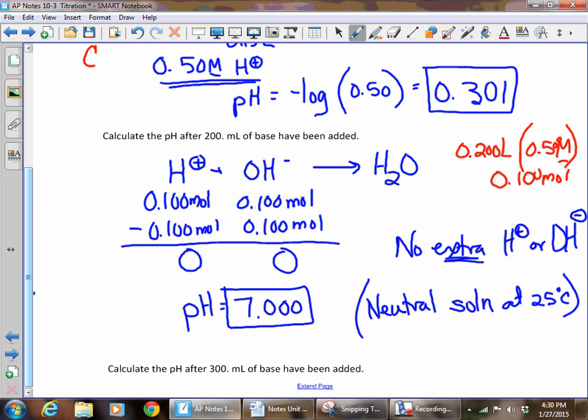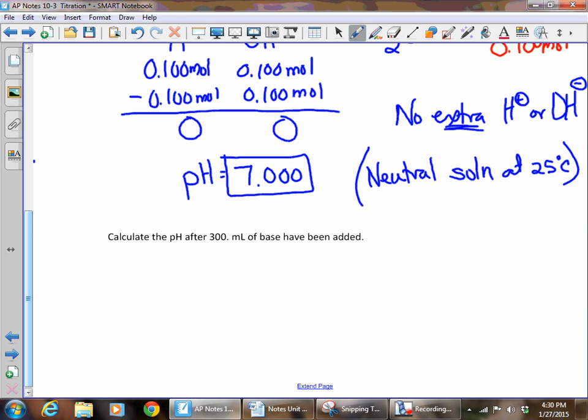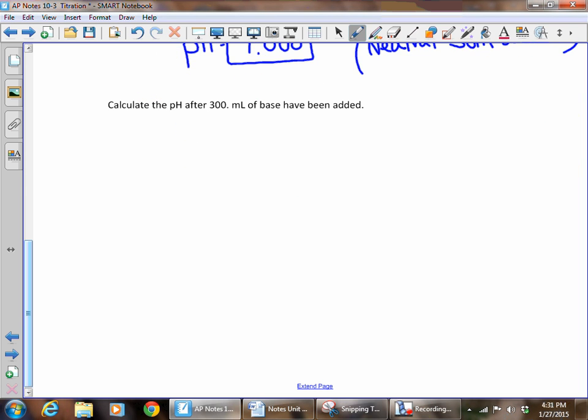Okay, so that's at the end point. That's at the equivalence point. So let's do a final calculation now. What would happen after the end point, when you go past that end point? So we still have, again, the same reaction: H plus plus OH minus yields H2O. We still have the same amount of hydrogen ions we started with, which was 0.100 moles.